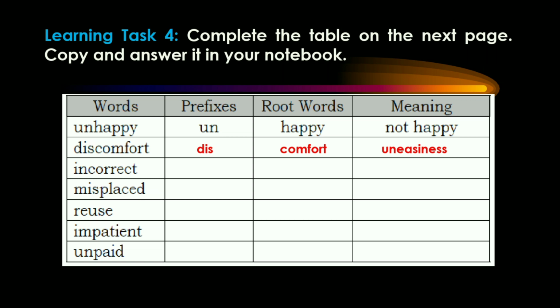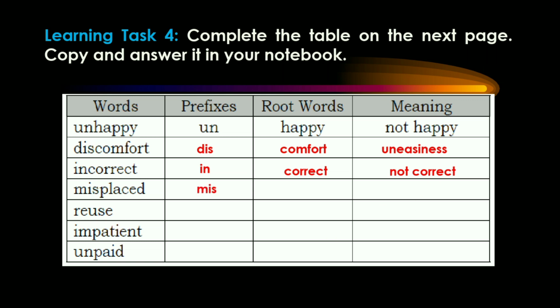Okay? We have the word incorrect for number 2. So the prefix is in. Okay? The root word is correct and the meaning is not correct or wrong. Okay, what about the word misplaced?